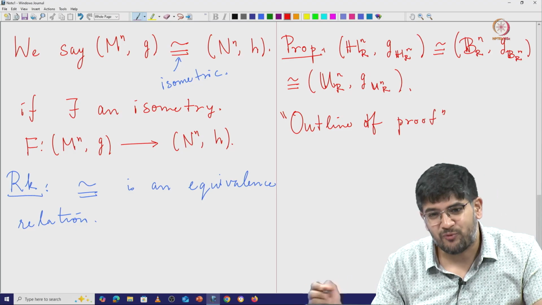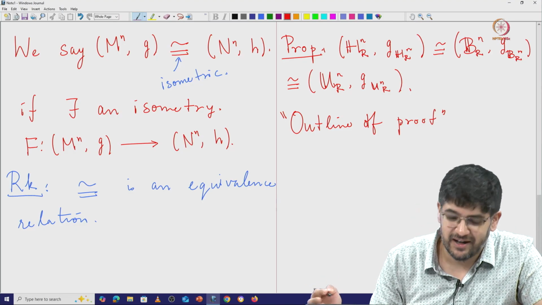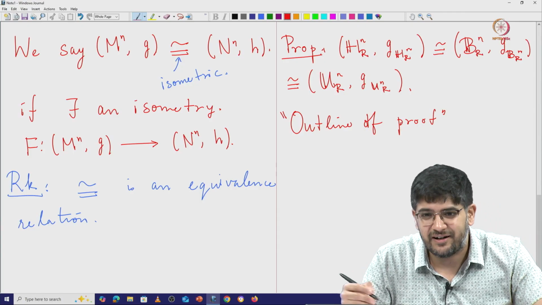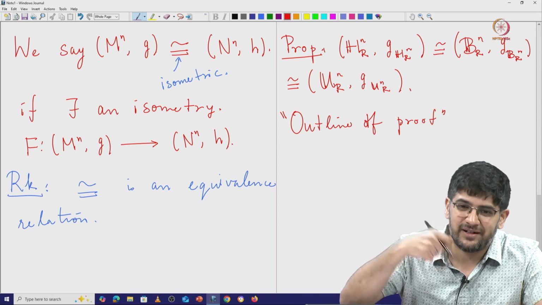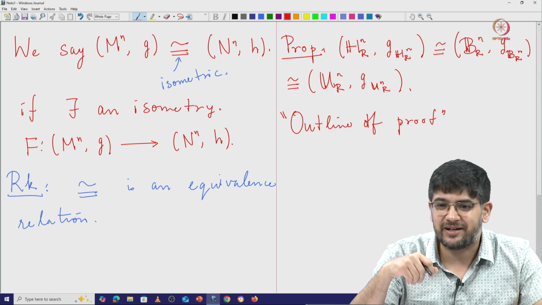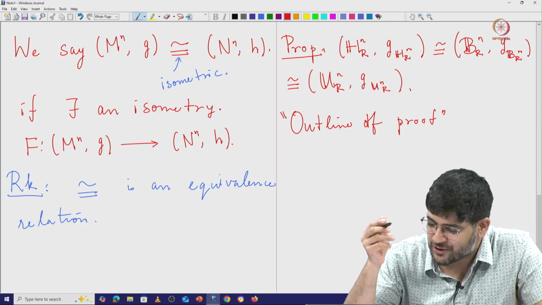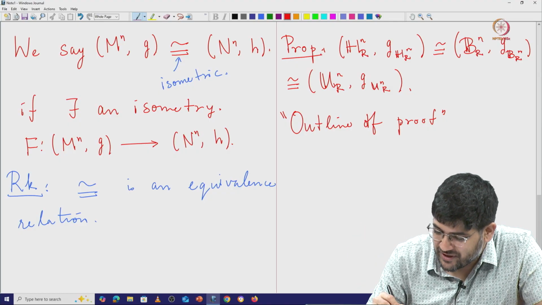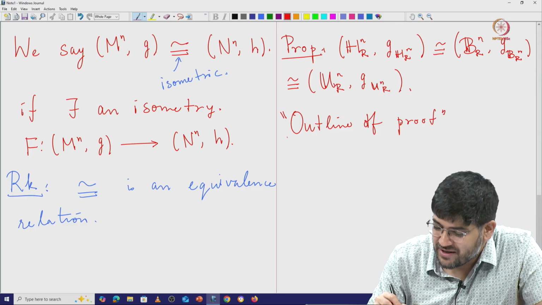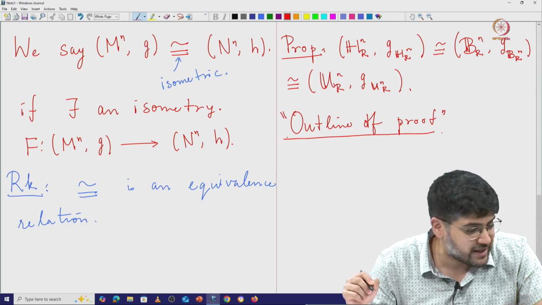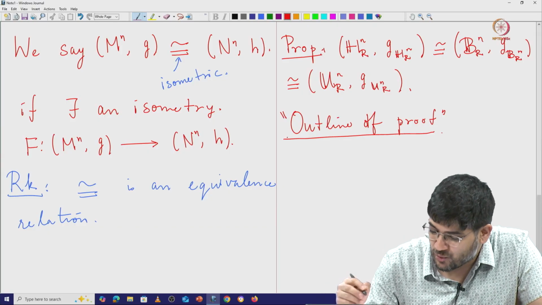Okay, so I will describe what these isometries are, but then to actually check that they are isometries, you need to compare the pullback metric and see if it's the same Riemannian metric, and that involves a tedious calculation. So in the interest of time, I won't describe that calculation completely, but let me just outline what the proof is.